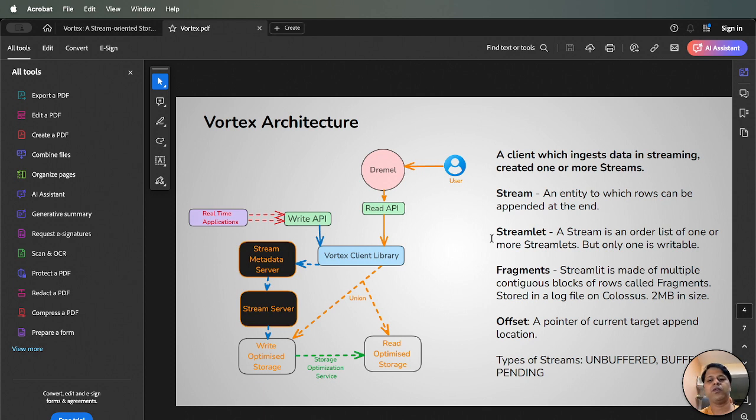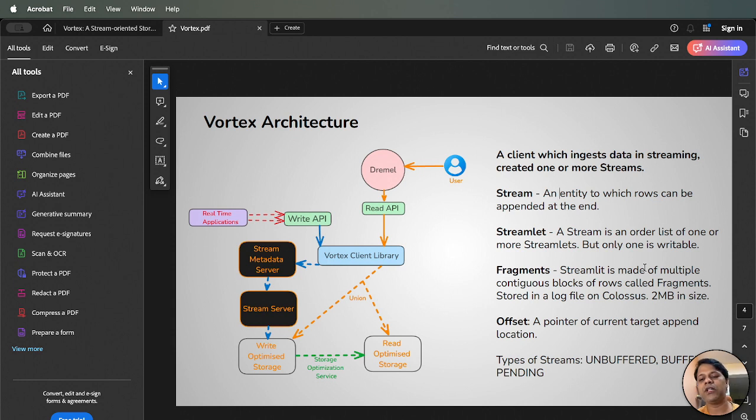Because all of this is happening on some form of compute, multiple compute nodes are spread across in a distributed manner. So in the system there can be more than one streamlet which has the same data, but only one is writable.